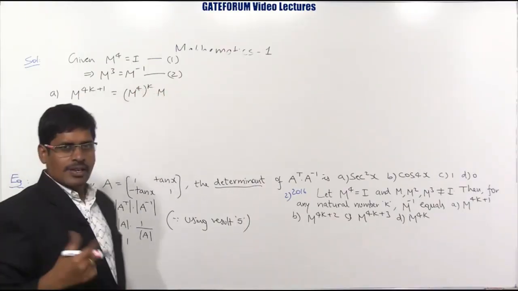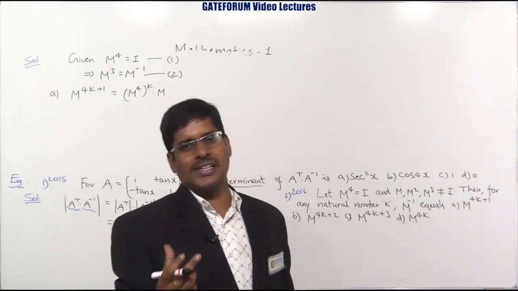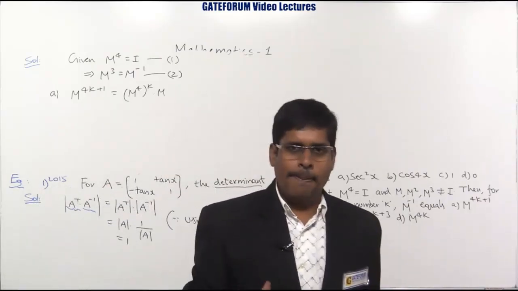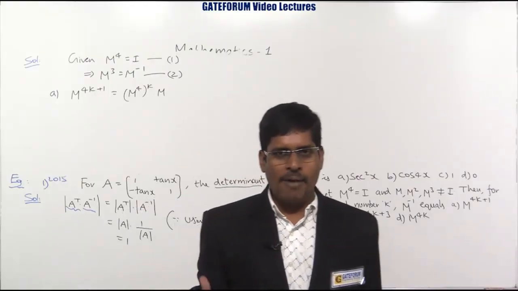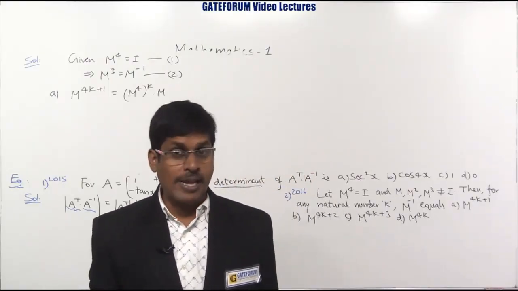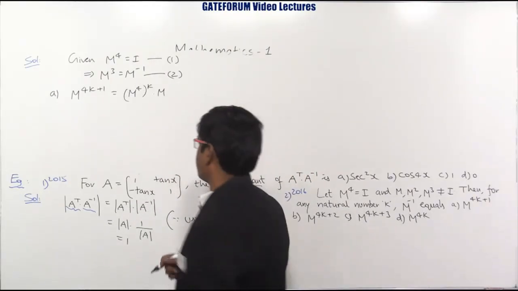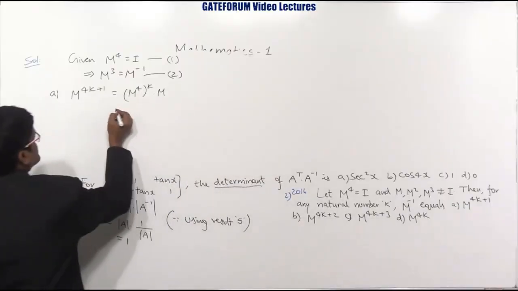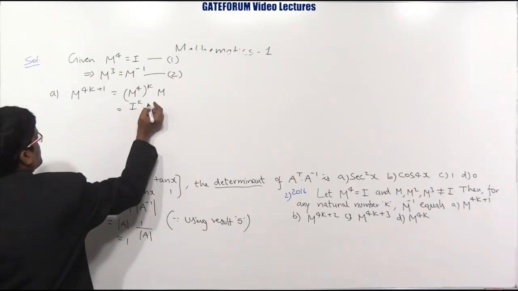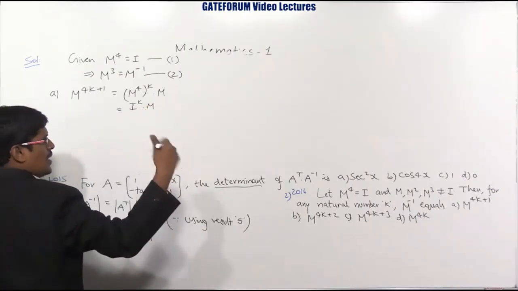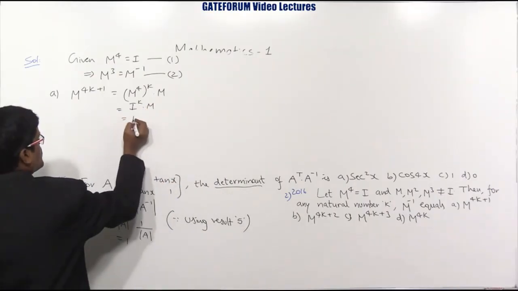You know our 8th, 9th class, childhood class properties of indices. A power m plus n can be written as a power m into a power n. A power mn can be written as a power m whole power n. Using that, m power 4 is the identity matrix using equation 1, power k into m. I into I square, anything is I, which is equal to m.